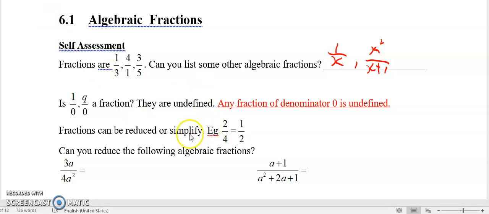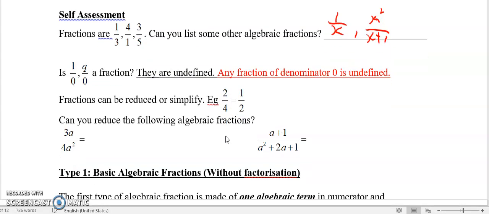Any fraction can be reduced or simplified. For example, for this fraction 2/4, we can simplify it to 1/2. When we simplify fractions, we actually divide the numerator and the denominator by a common factor between them.